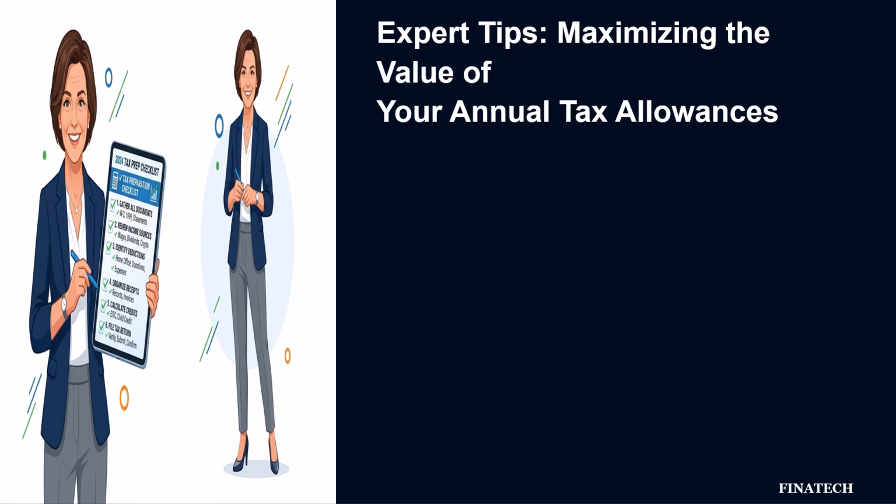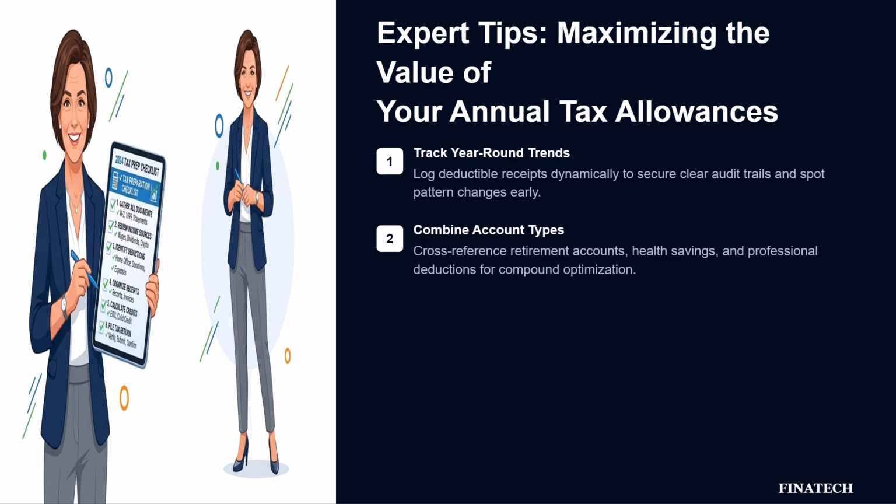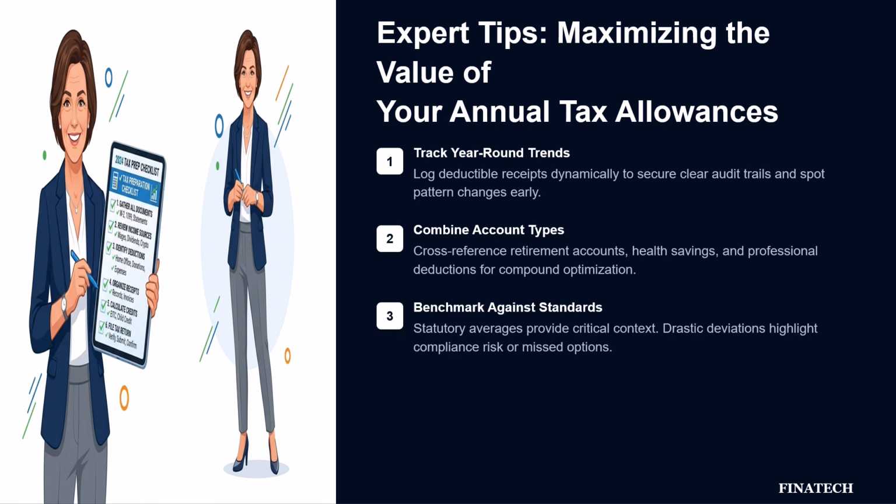What are your expert tips? How to maximize the value of your annual tax allowance? To maximize this, track year-round trends. Log deductible receipts dynamically to secure a clear audit trail, and spot pattern changes early. Combine account types, cross-referencing retirement accounts, health savings, and professional deductions for compound optimization.